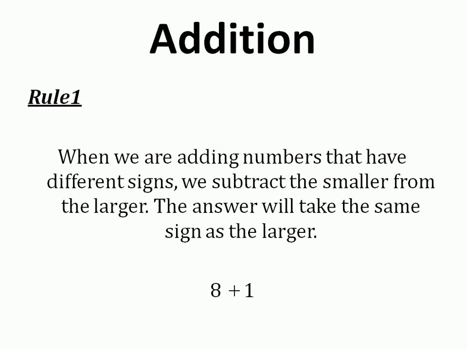Here we have numbers with different signs. Notice the sign of the 8 is negative. The sign of 1 is positive. So the numbers have different signs, so we are going to subtract. When we subtract, the answer is 7. 1 from 8 gives 7, or we may say 8 minus 1 is 7.